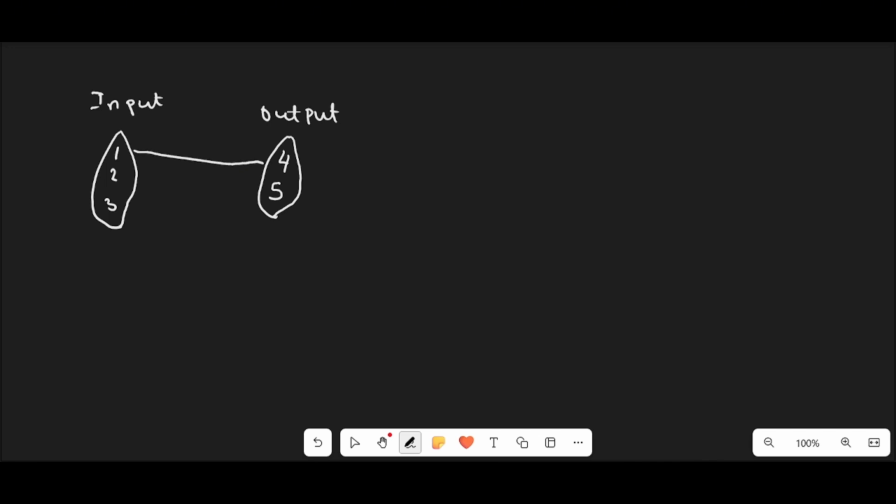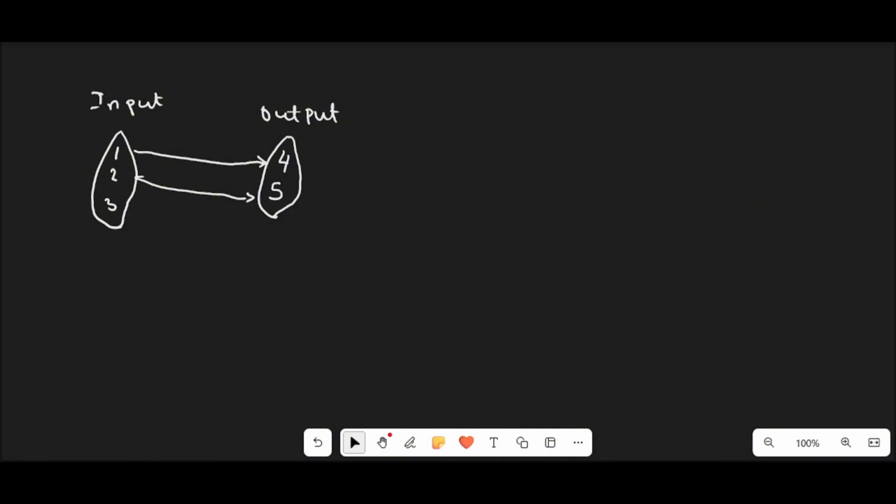Let us consider another example. Our input is 1, 2, 3. Output is 4, 5. 1 is mapped with 4, 2 is mapped with 5.